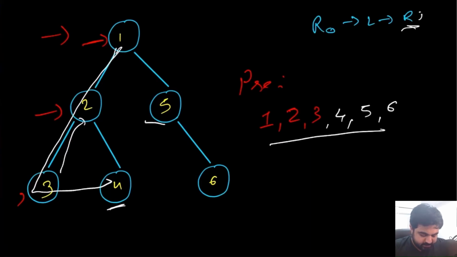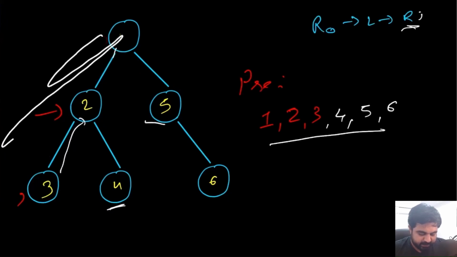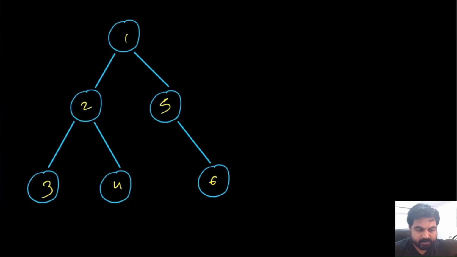Now the question is, for the given input tree, what should the answer look like? We have to consider a couple of items in order to generate the answer. First, it has to be the pre-order traversal, and then it has to be a one-directional tree. Keeping both things in mind, the tree structure in the answer is going to look something like this, where the first node is 1, and the second node in the pre-order traversal is 2, but we mark 2 on the right side.